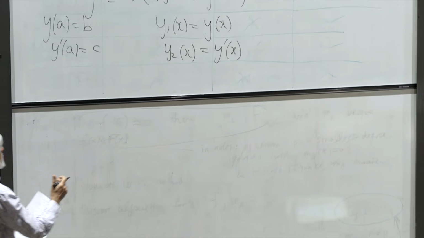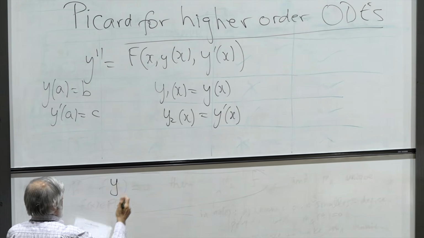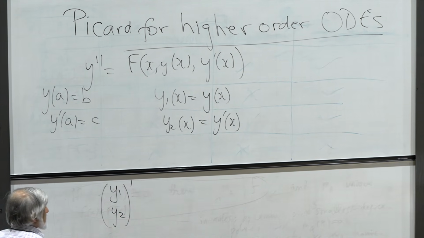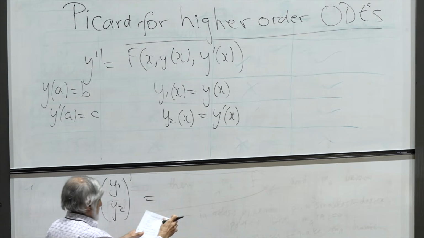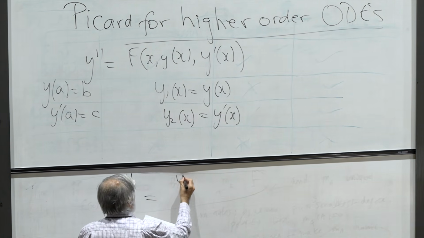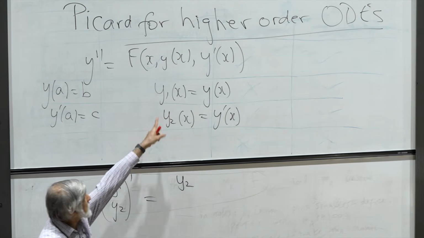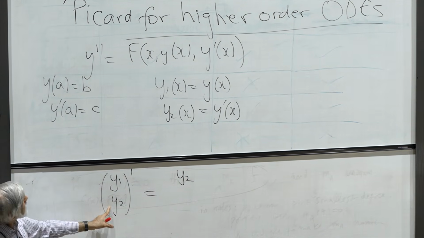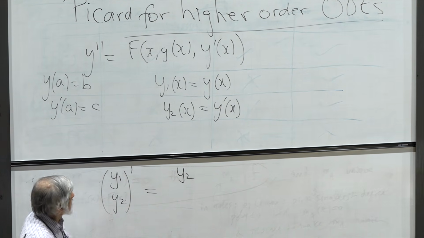And then what does that give us? Then y1 dashed will just be y2, because y2 is y dashed and y is y1, and then y2 dashed is y double dashed, which is the f.